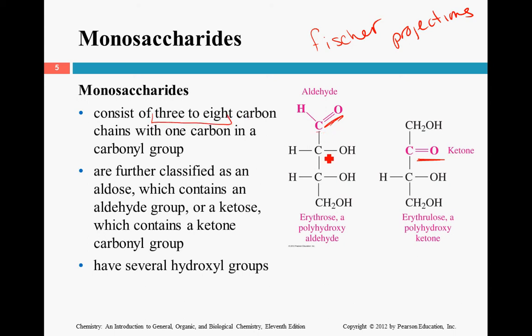For instance, this one has 1, 2, 3, 4 carbons. Now, if it's an aldehyde, meaning the double bond is on the top, it's an aldose. If it's a ketone, meaning the double bond is somewhere in the middle, it's a ketose. So it's all depending on where that double bonded oxygen is. And that's just another way of classifying the saccharides.